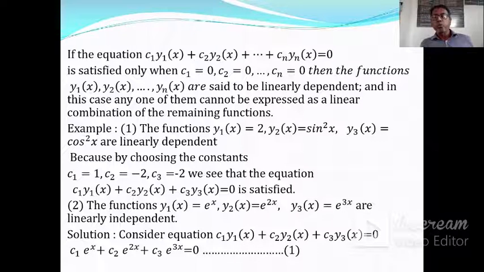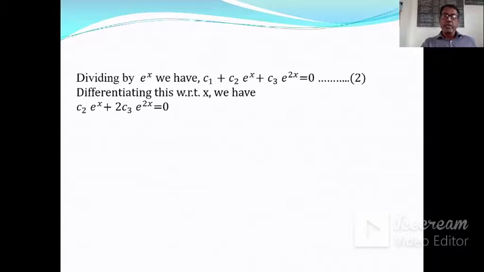We know that whatever may be the value of x, any real number, e to the power x is non-zero. That's why we divide this equation by e to the power x. Then we obtain equation 2: C1 plus C2 e to the power x plus C3 e to the power 2x is equal to 0.